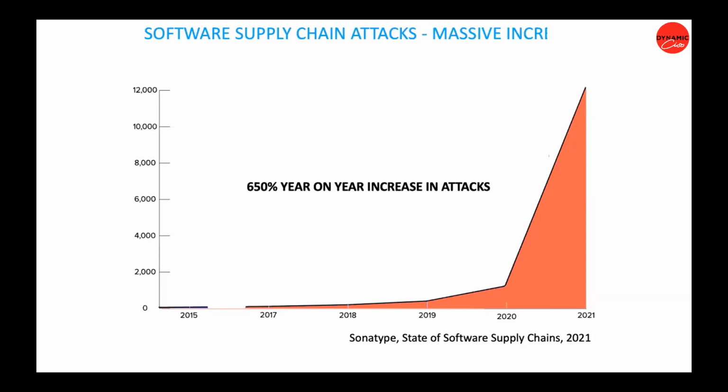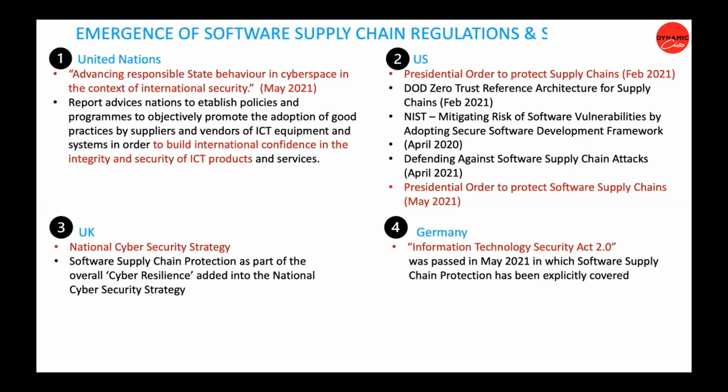Because there has been an absolute diminution of confidence in ICT products worldwide. And that's why there's been this massive emergence of regulations and standards in the last 8 months, right? It started with the United Nations.